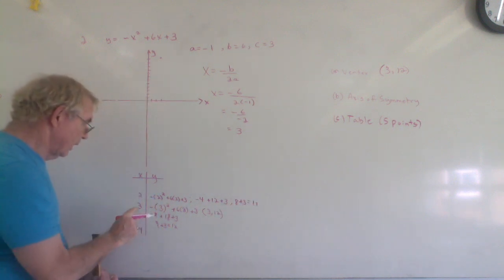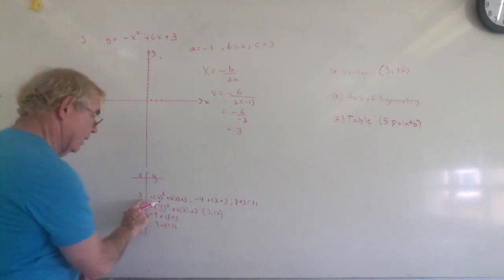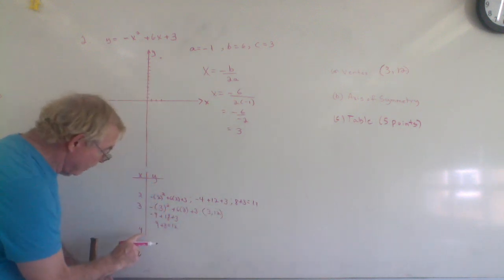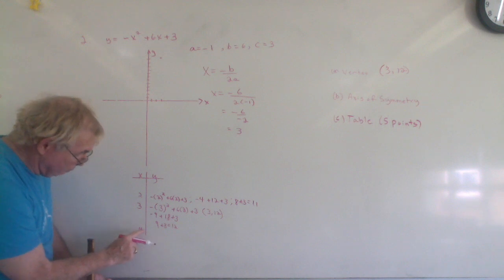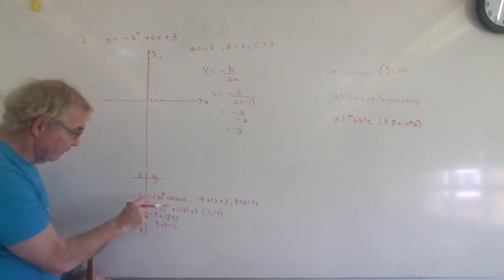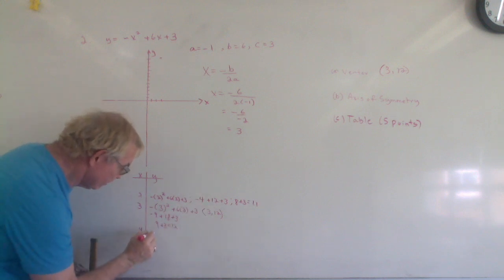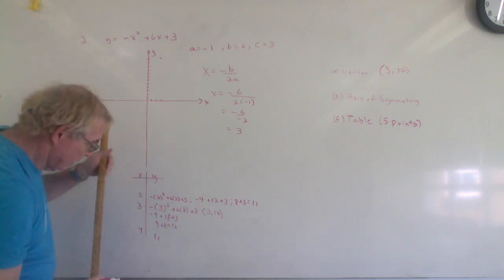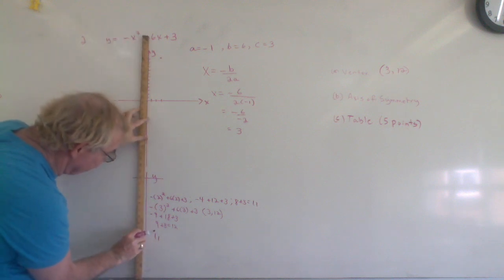So this point is 2, 11. That would be the same as this point. Now, if you want to, you can put 4 in there, but I wouldn't. If you feel like we've done this right, just put 11 in there for 4.